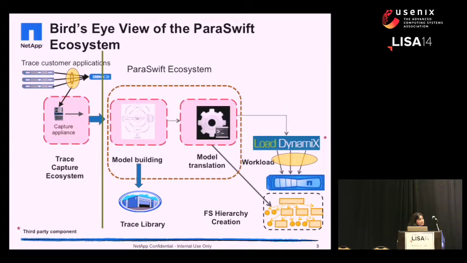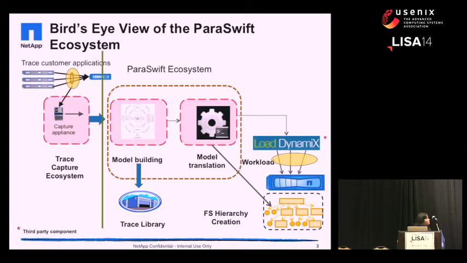Now the next step is basically to go ahead and replay. So two things that you need for that. One is the workload characteristics that you are going to reproduce on the storage server, and this is not limited to NetApp, it could be any storage server, and that's the beauty of this work. Secondly, you need to understand what was the underlying file system layout, because when we talk about NFS, then we are talking about how many directories, the depth of the directories, number of files under directories, the sizes of the files under directories.